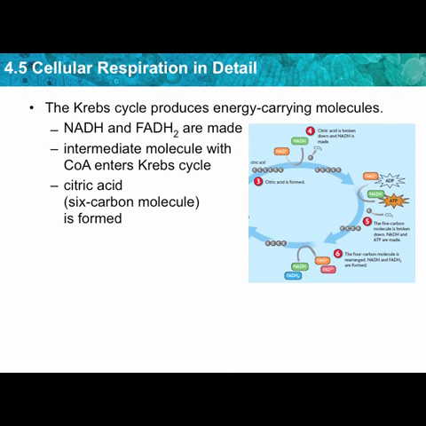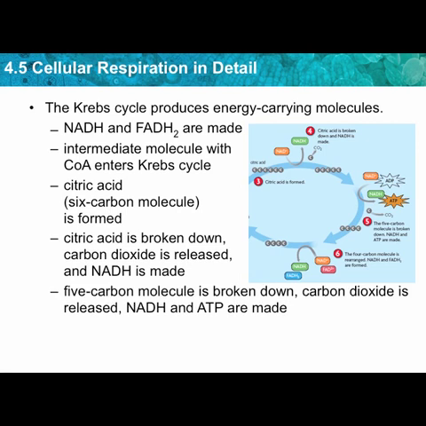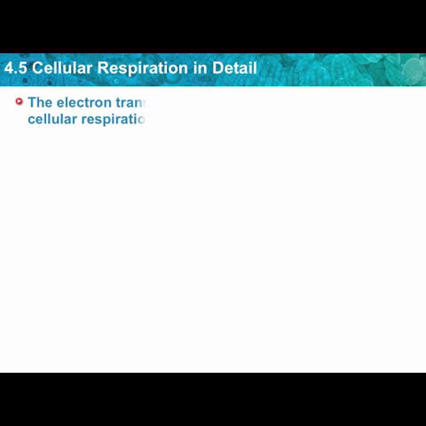Citric acid, a 6 carbon molecule, is formed. Citric acid is broken down. Carbon dioxide is released. Energy-rich NADH is made. The 5 carbon molecule is broken down. More carbon dioxide is released, and more NADH and ATP are made. And the remaining 4 carbon molecule is rearranged.